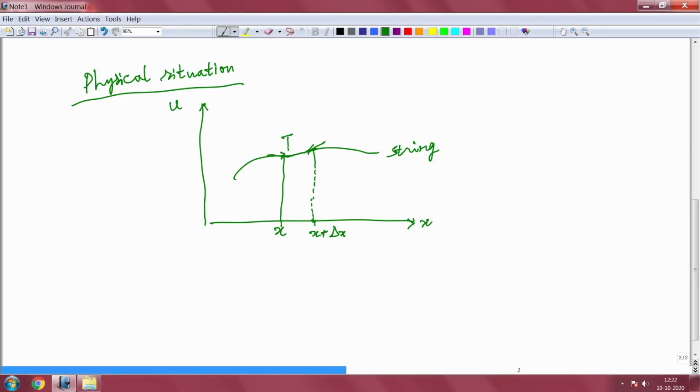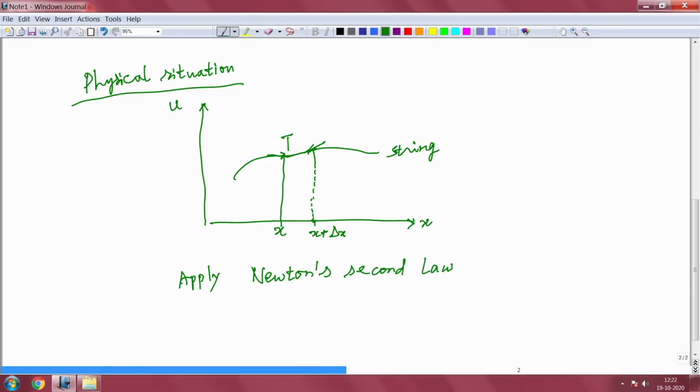Then you apply Newton's second law, which is mass times acceleration, and that gives you the del square u by del t squared term, and force gives you the del square u by del x square term, and that is how you derive the wave equation.